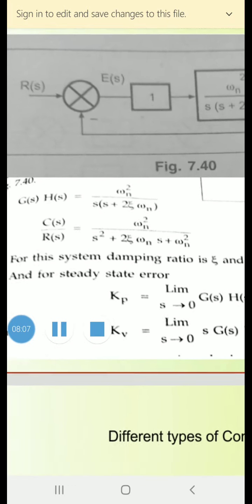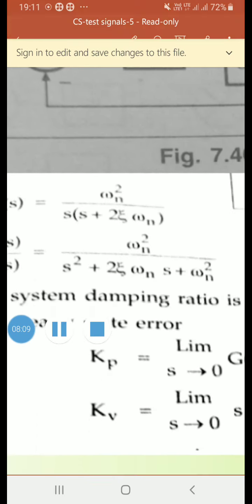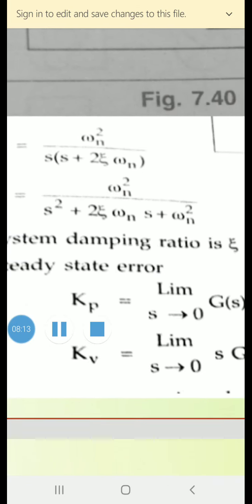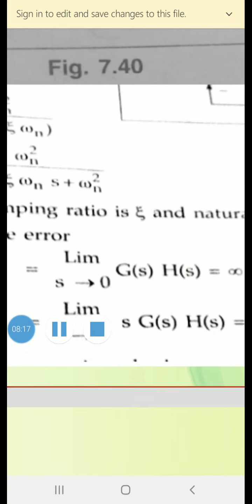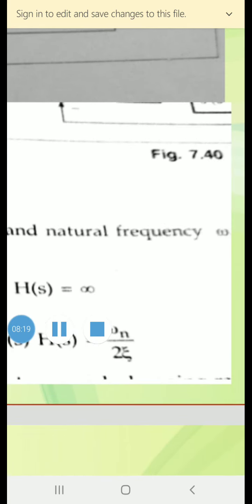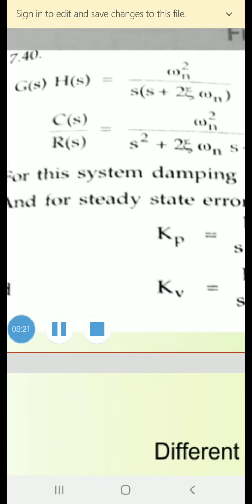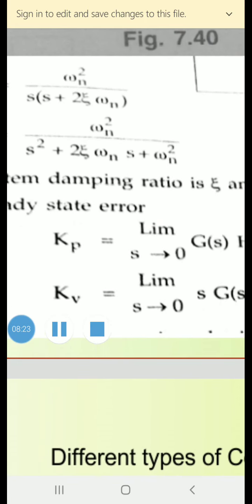So for the system, we have damping ratio and natural frequency omega n.